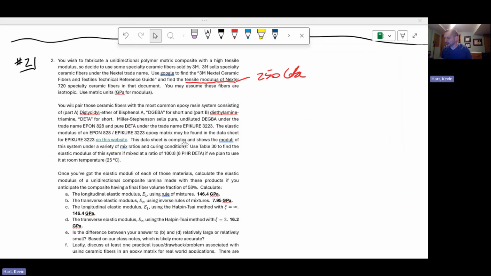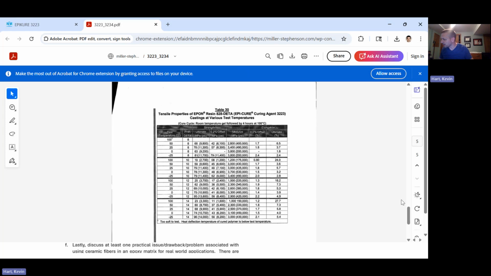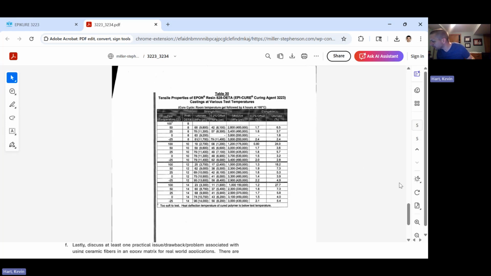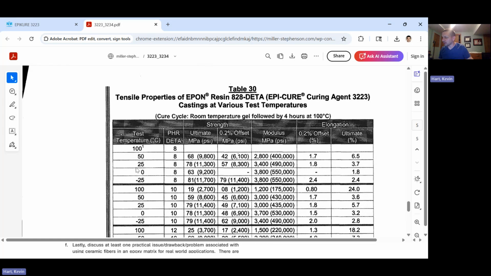All right, the data sheet is complex and shows the moduli of the system over a variety of mix ratios and cures. Use table 30 to find the modulus of the system if mixed at 100 to 8 ratio, if we plan to use it at room temperature. All right, so let's take a look at that. It says table 30, so here's table 30. Let's zoom in a bit if we can. Okay, table 30. We're going to use it at 25 degrees and cure it at a 100 to 8 ratio.